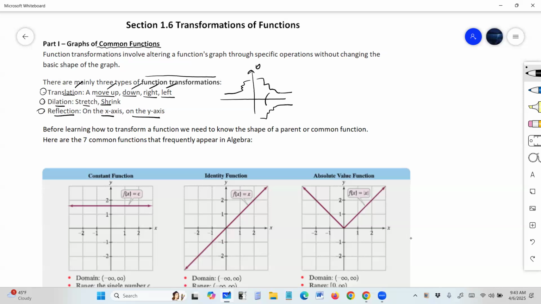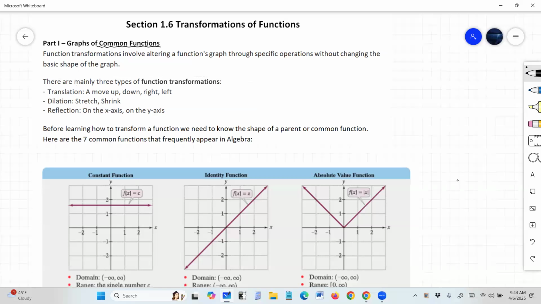Okay, so reflection on the x, reflection on the y. All right, so three types of transformations. Translation, which is a shift up, down, right, or left. A dilation, which is either a stretch or a shrink of the original graph, or a reflection, which is either on the x-axis or the y-axis.